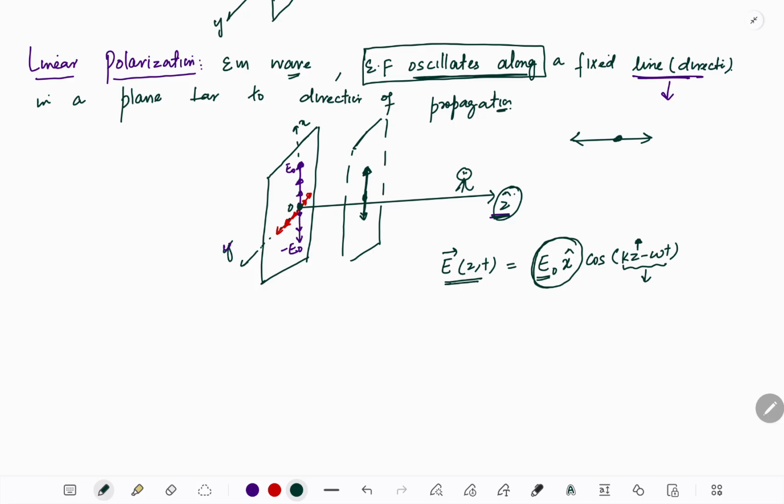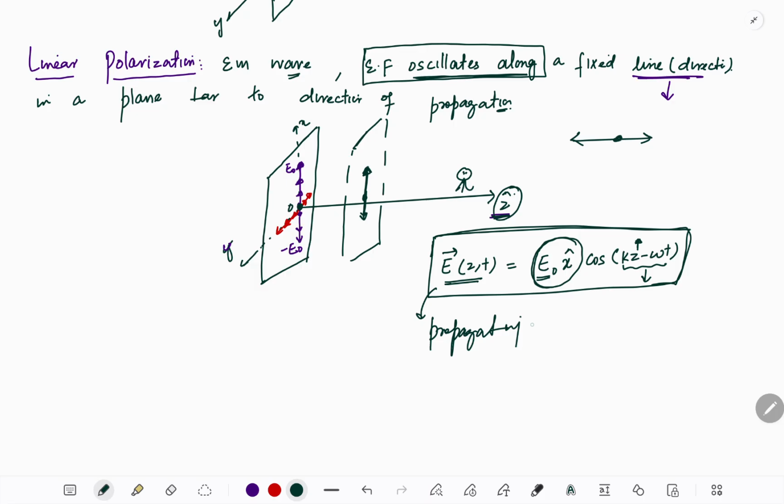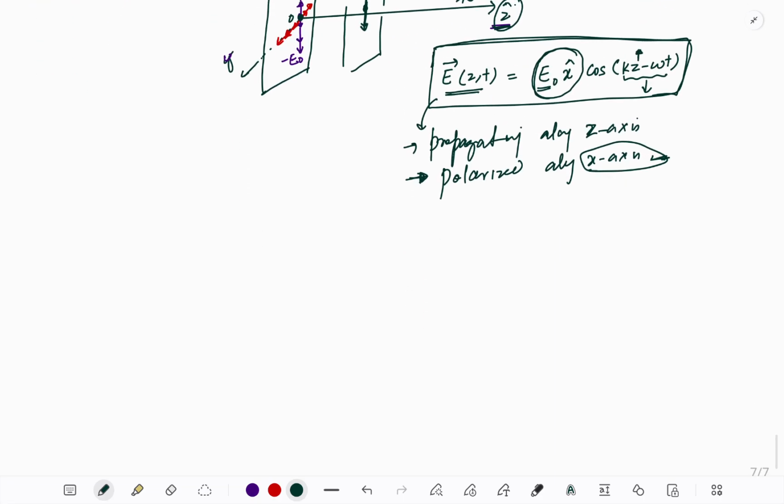So if someone asks you what is this light, what is this wave, it's an electromagnetic wave which is propagating along the z-axis, and it is polarized along the x-axis. How do we decide this x-axis? From the electric field component, not from the magnetic field component. And if somebody asks you, can you write the magnetic field from it? Yes, easily we can write the magnetic field.